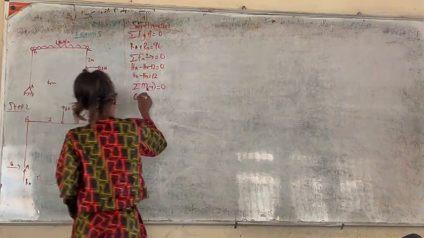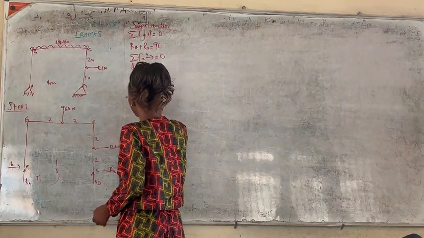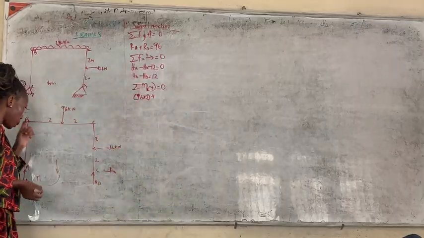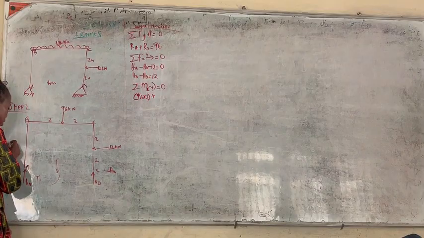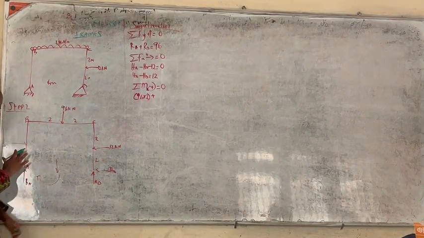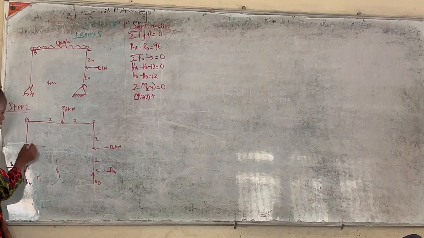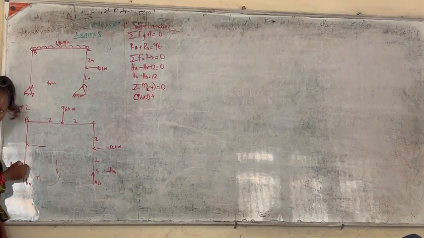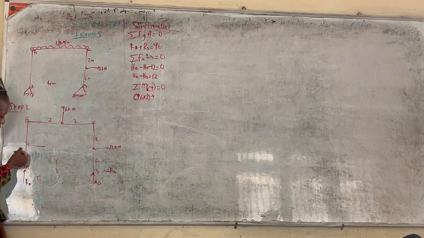So we have 96 times 2, plus, what's the next thing that is acting? This is the same thing that is acting here. It's acting like this, in the same direction, coming towards A.